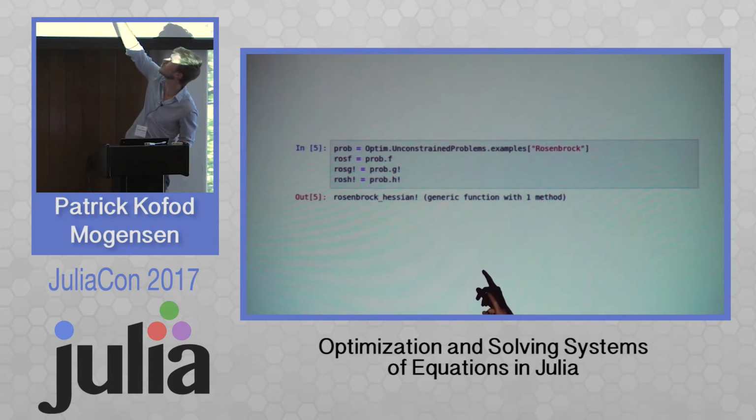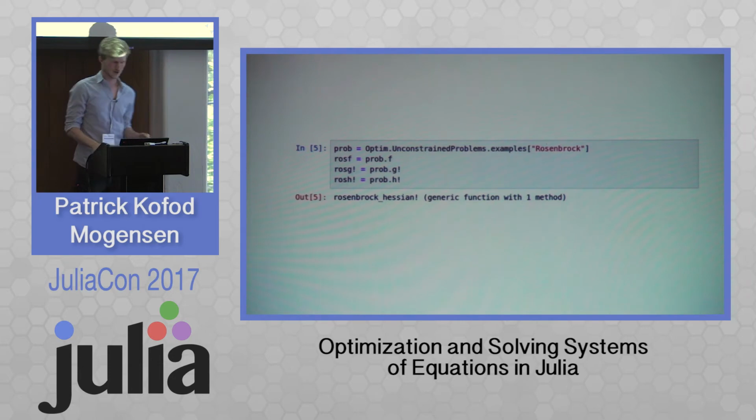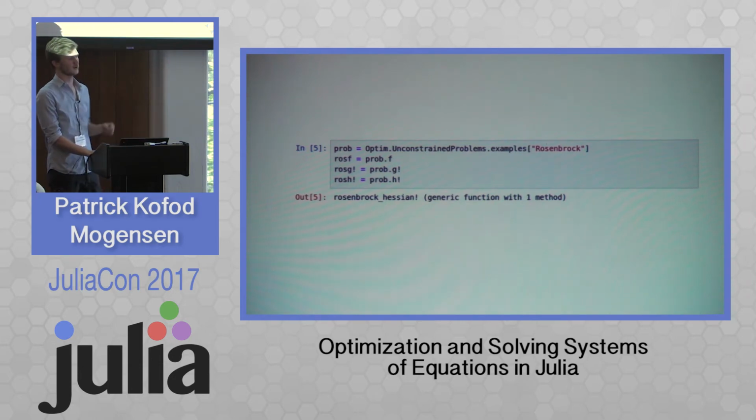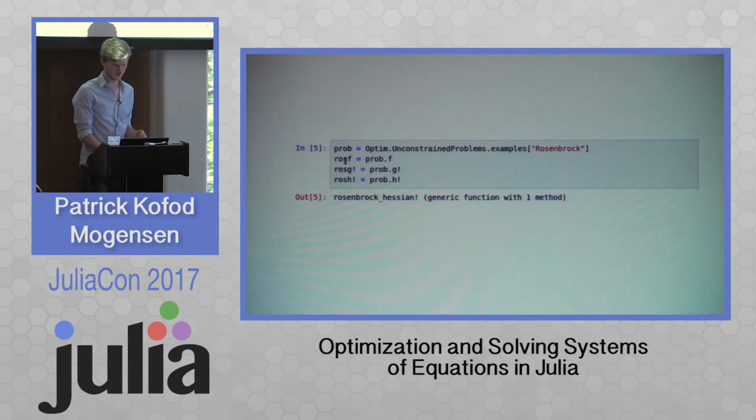I set problem equal to Optim.UnconstrainedProblems.examples, and examples is a dictionary of problems where the keys are strings. In this case, it's called Rosenbrock, so the key is Rosenbrock. And then we just call the objective rosenbrock.f, and the gradient rosenbrock.g!, and rosenbrock.h!.